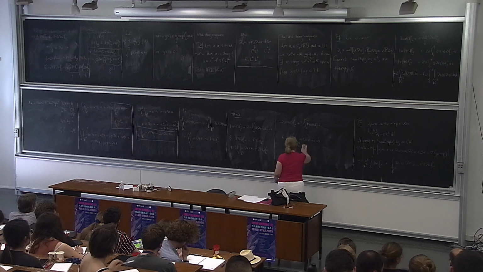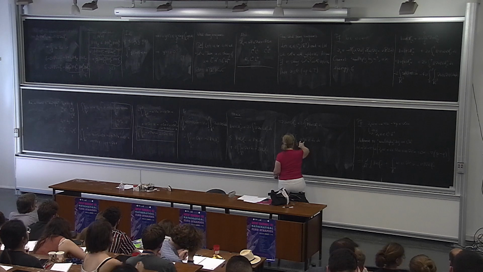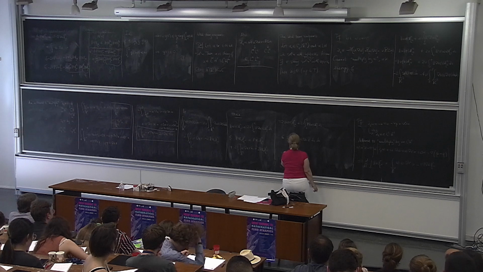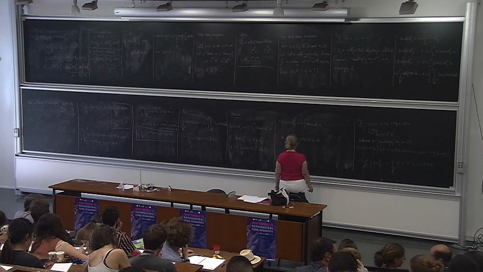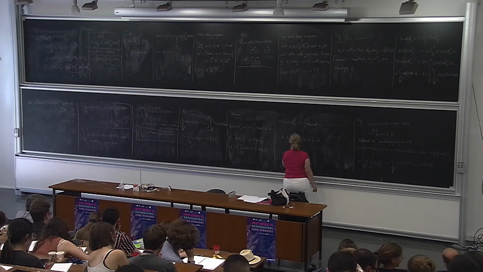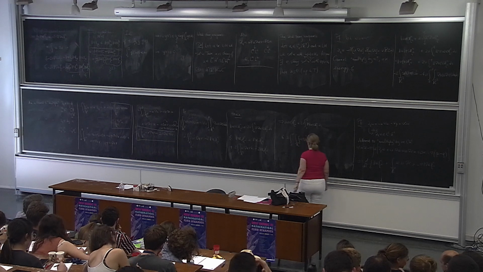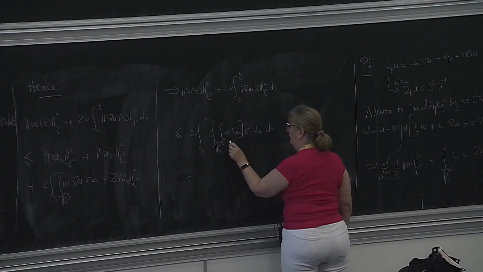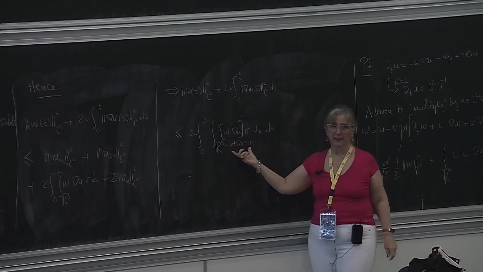Okay, and before I do that, I have to do something else. So this is equal to, so I can add and subtract here. So this is this, right? It's W dot grad applied to U times V. And I can subtract off W dot grad V times V, because this term, when you integrate, it's 0.